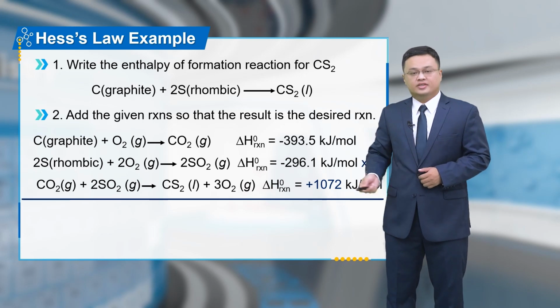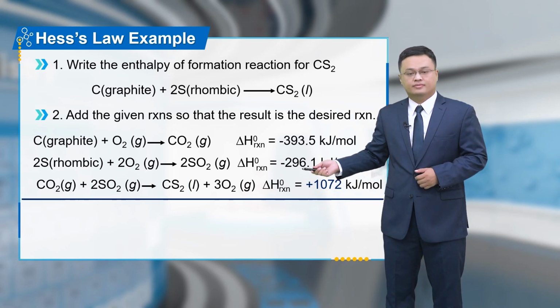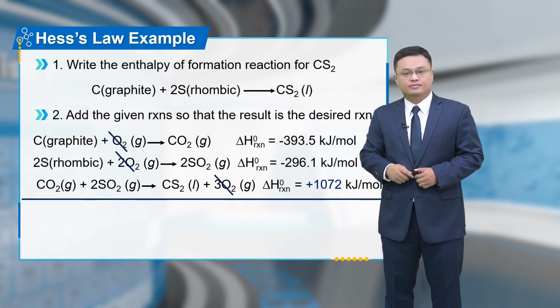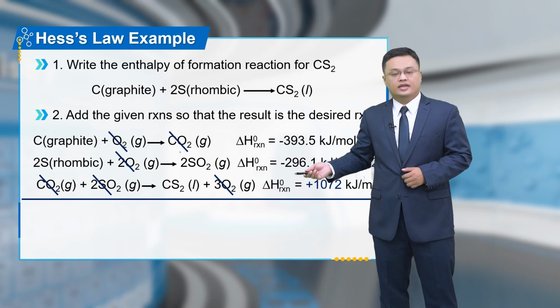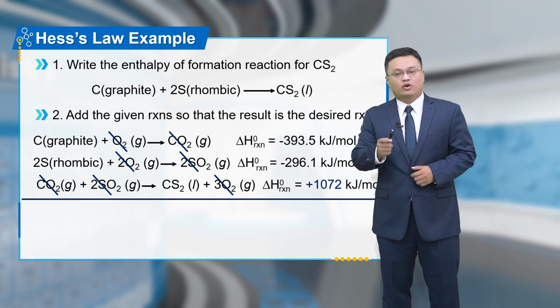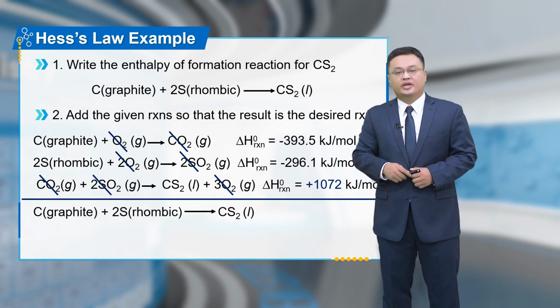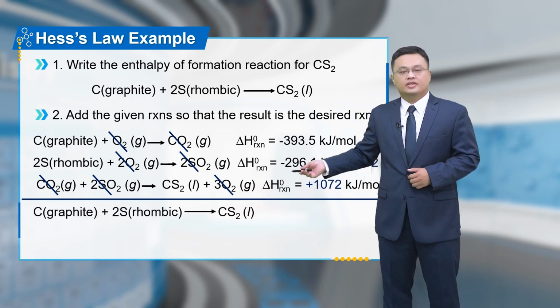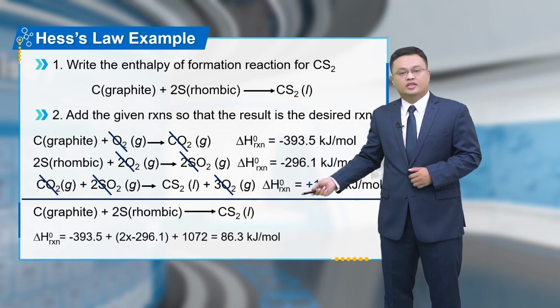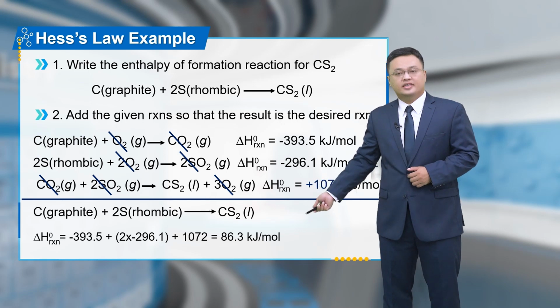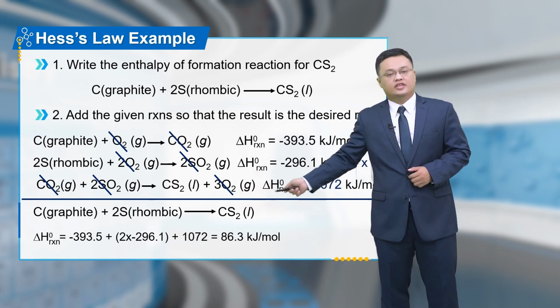The 3 oxygen gases cancel, the 1 carbon dioxide cancels, and the 2 sulfur dioxides cancel. So the leftover is exactly what we need for the formation of carbon disulfide. Therefore, the standard enthalpy of formation of carbon disulfide is 86 kilojoules per mole after adding them together.